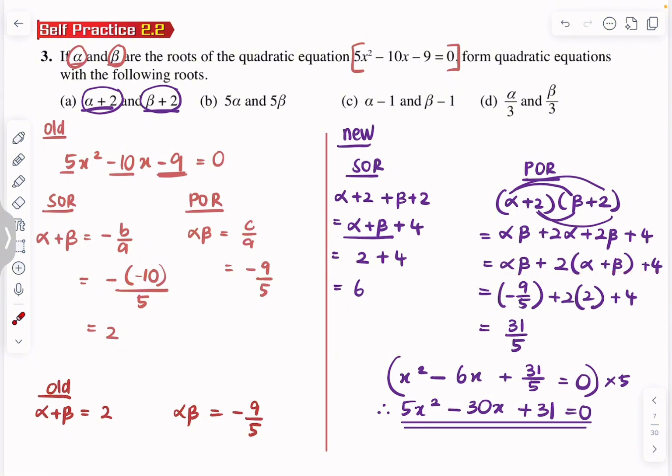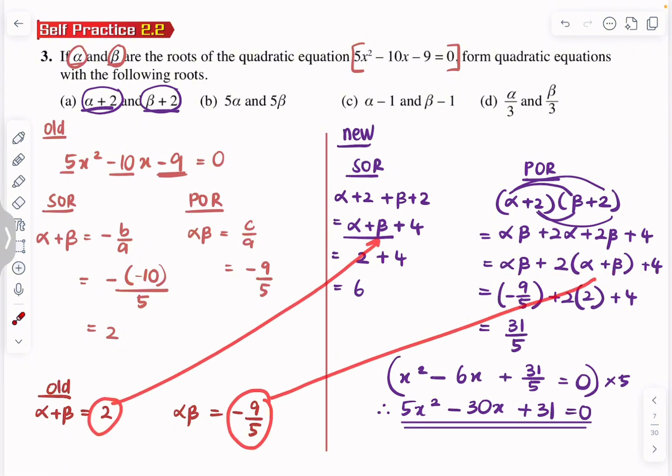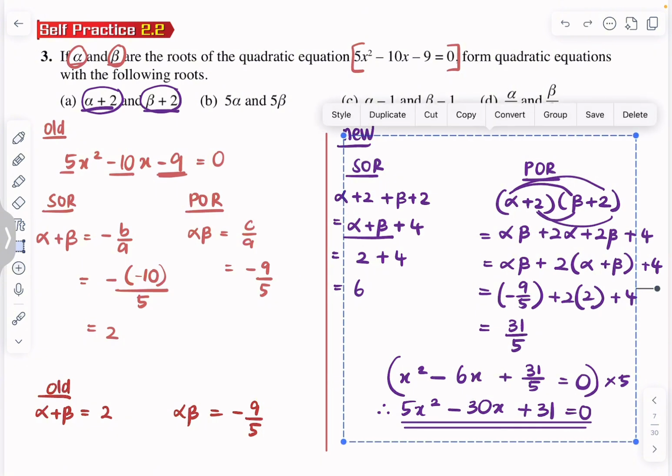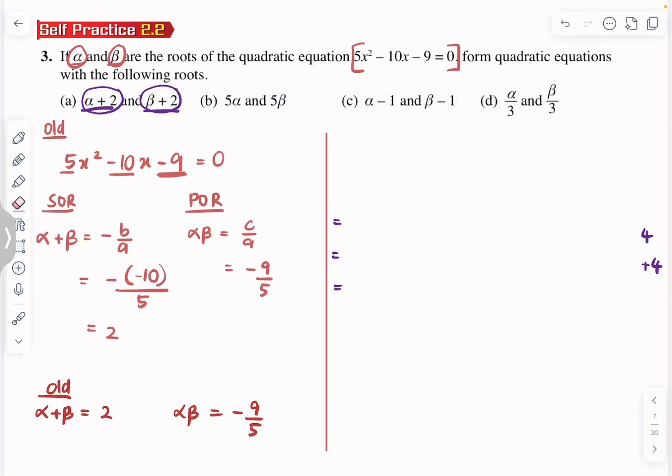Then you try to fit in this one into your equations to get the actual value. And then we fit it inside the general form. X squared minus sum of root x plus product of root equals 0. Okay. So this is question A. Next, let's try B. Let's delete this one.